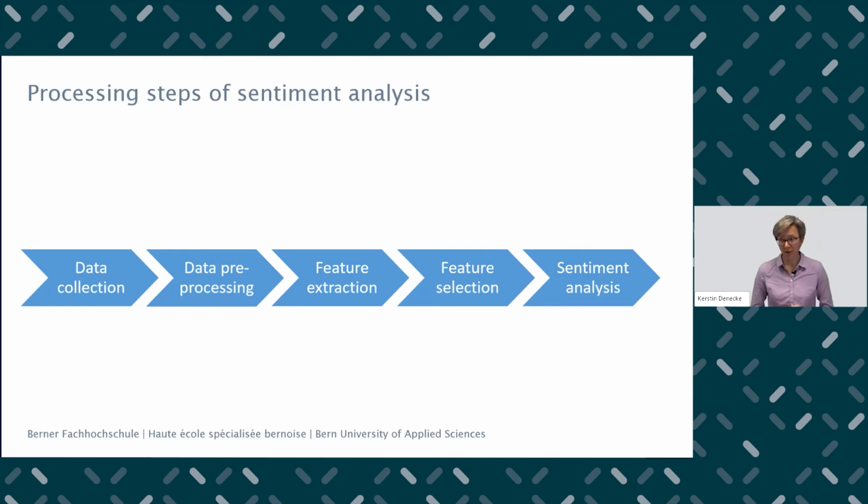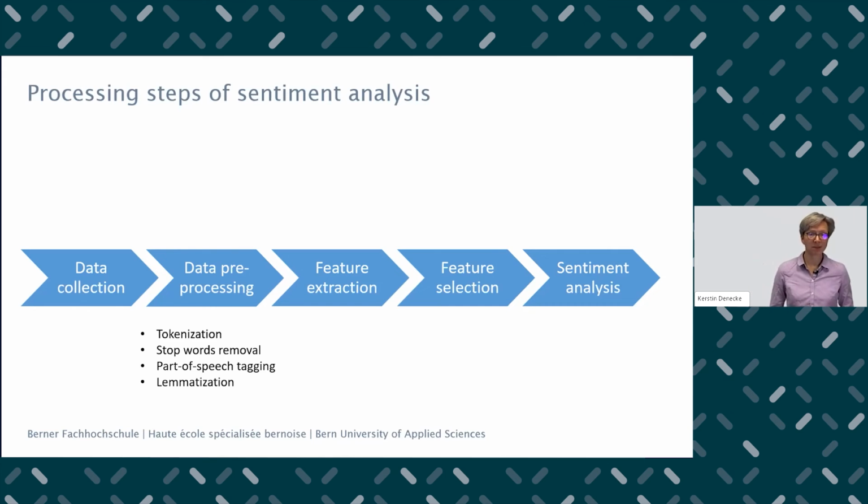In terms of the processing steps, there are always these 5 steps that have to be taken. We, of course, first need data. When you want to run an analysis, you have to choose the data. Is it Twitter? Is it some drug reviews? Whatever you want to get. So you need your data collection.